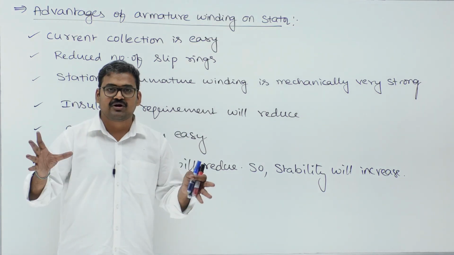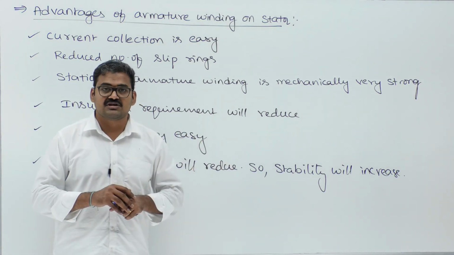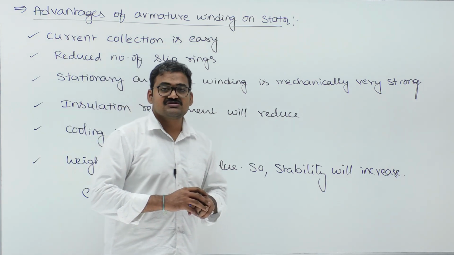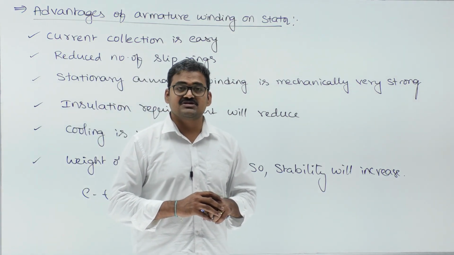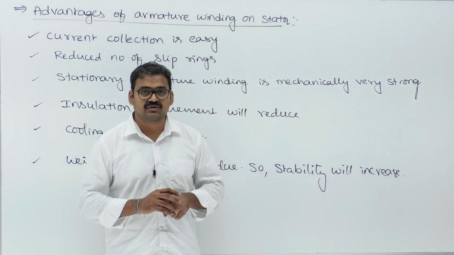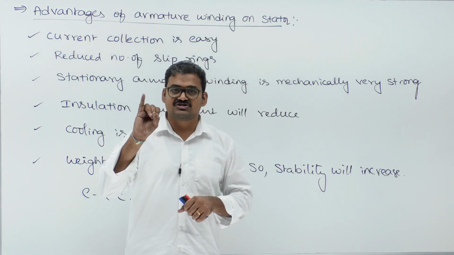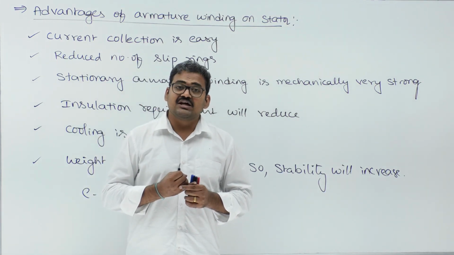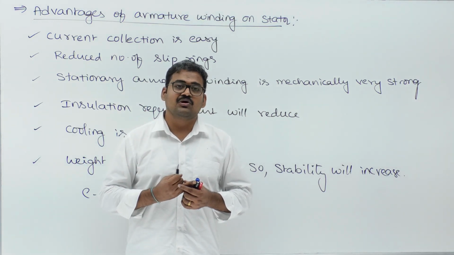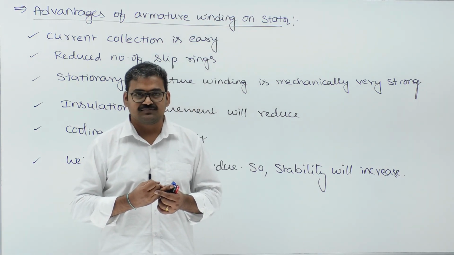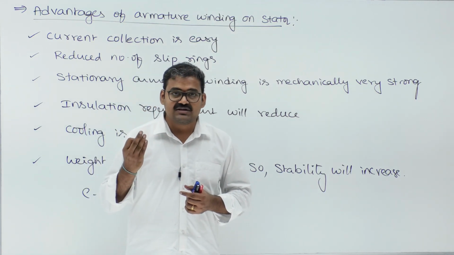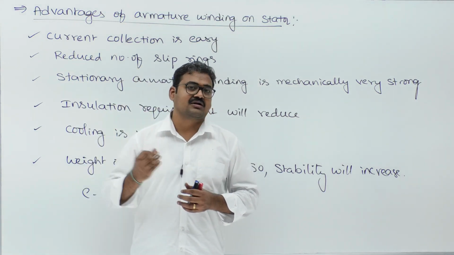So, summary points about stator magnetic circuit: Stator is a circular cross-section, cylindrical structured, high permeability ferromagnetic material. Usually silicon steel is used. And stator core is completely laminated in order to minimize eddy current losses. Inner periphery of stator is slotted to place armature conductors.